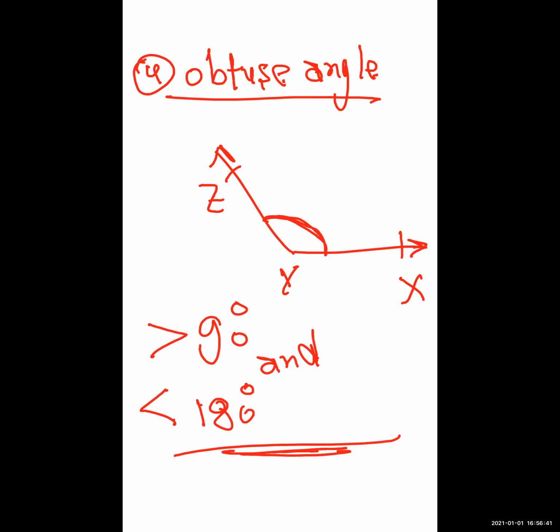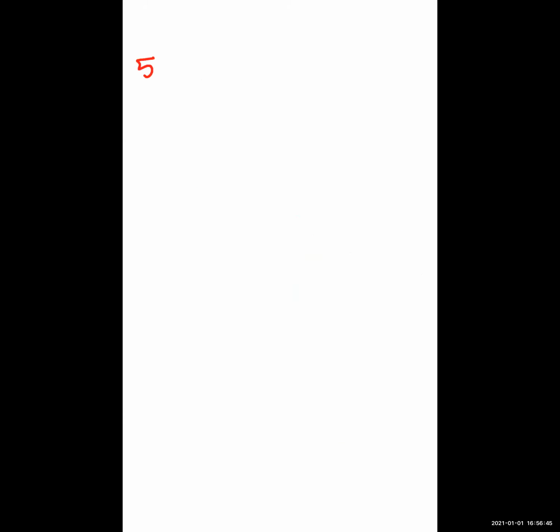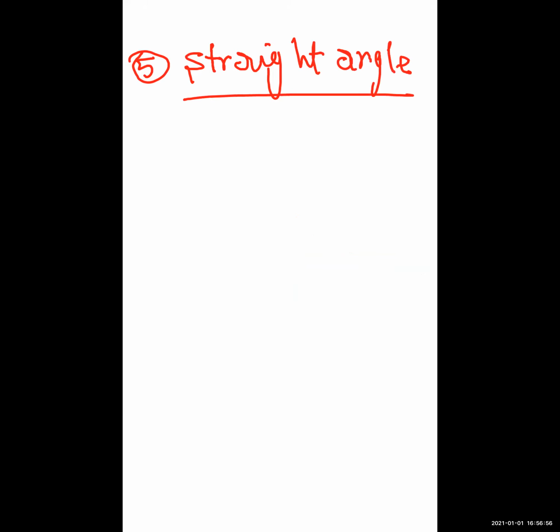Then the next type, it's the straight angle. Straight angle, guys, simply it's like this. So this will be the vertex Y, and this one will be X, and this one will be Z. So the measurement of this angle, XYZ, will be like this.